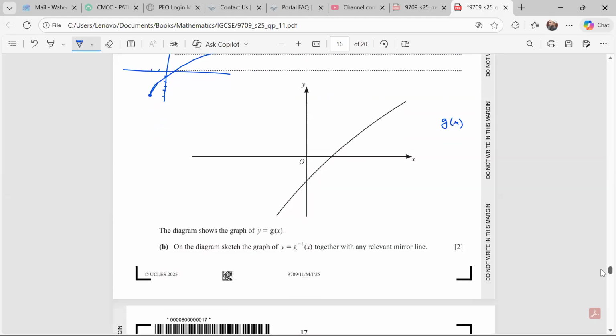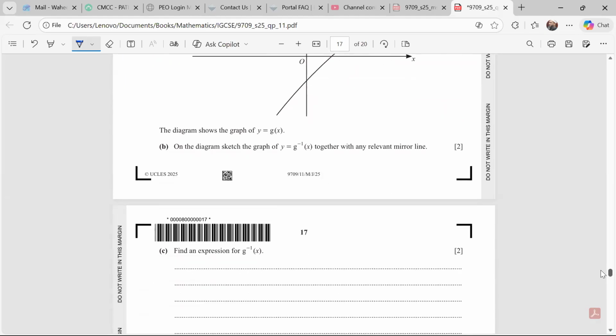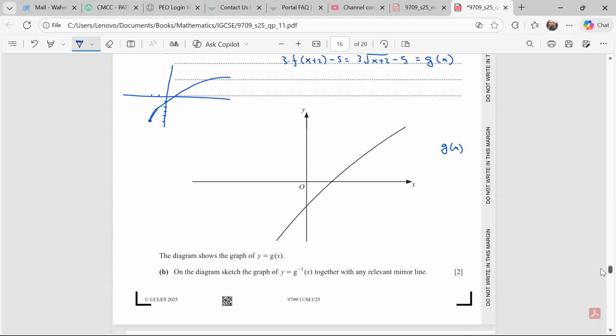Now the second part says, on the graph, sketch the graph of y equals g inverse together with the mirror line. You understand that in order to find the inverse function, we need to sketch the mirror line, which is the line y equals x.